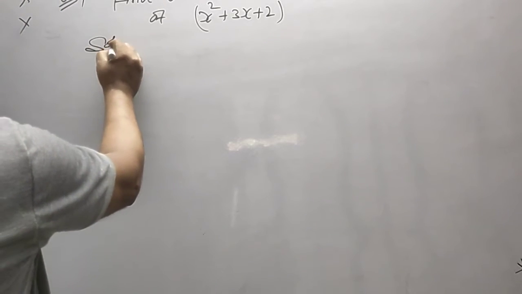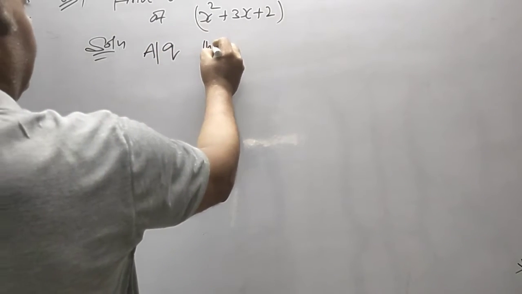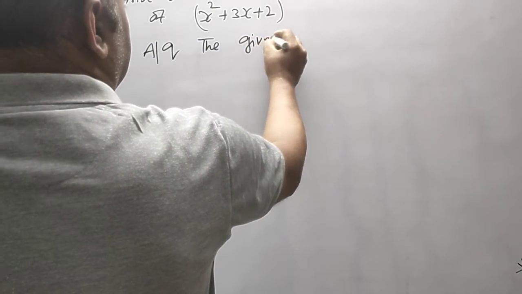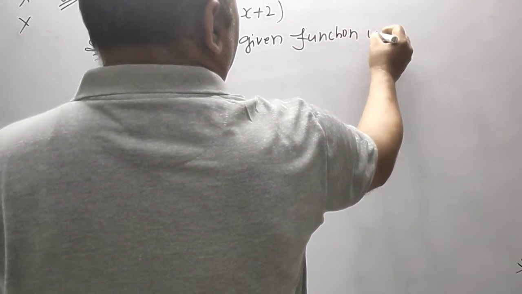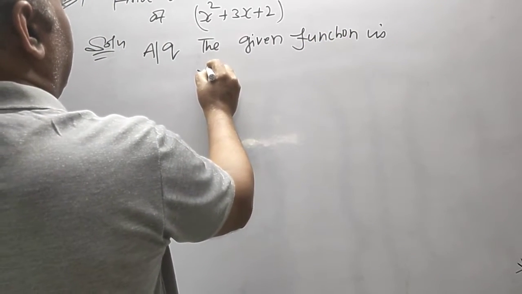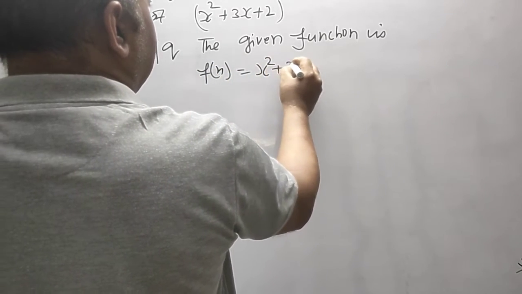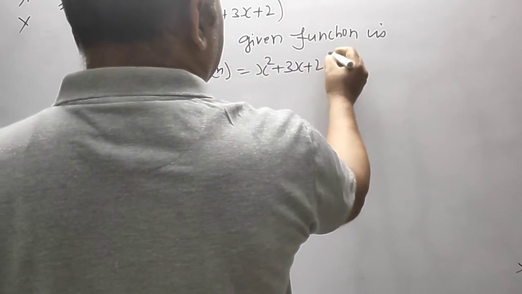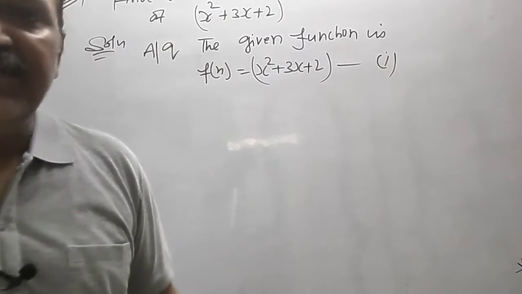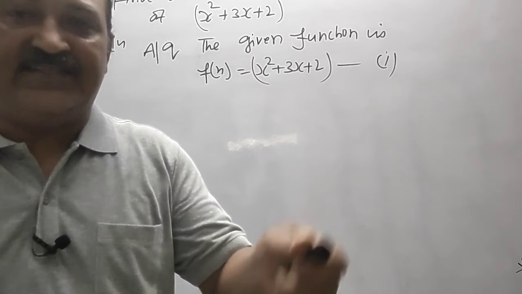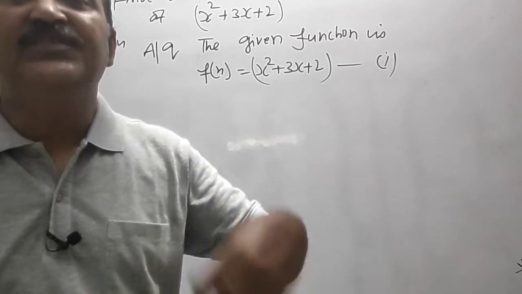Solution. According to the question, the given function is f of x is equal to x square plus 3x plus 2. Differentiating both sides with respect to x. This is very, very important to write. With respect to which variable?